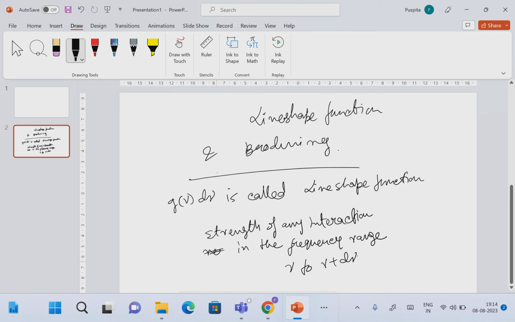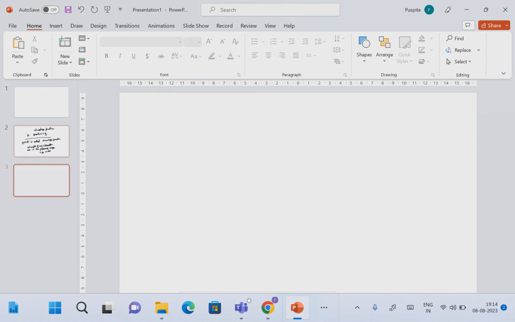The line shape function implies that energy levels within an atom can interact with radiation over a range of frequency, but the strength of the interaction is a function of frequency. At a particular frequency only, the interaction will be much more than at other frequencies.